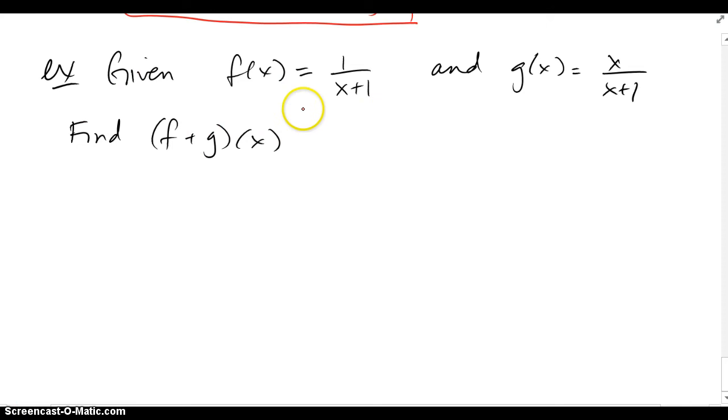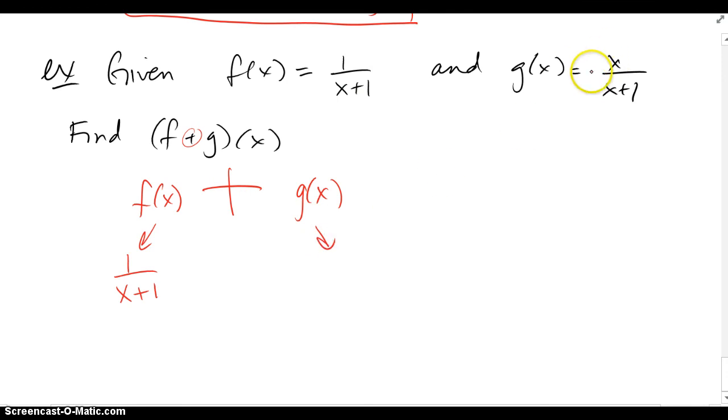Okay, a quick example with rational functions with function notation. So remember, the x is the input for both of these functions. We're looking at f of x and also g of x. Both of them pull this x, and the operation that we're going to do is add the two functions. So my first function is really just 1 over x plus 1. My second function is just x over x plus 1. And I'm going to add these two.